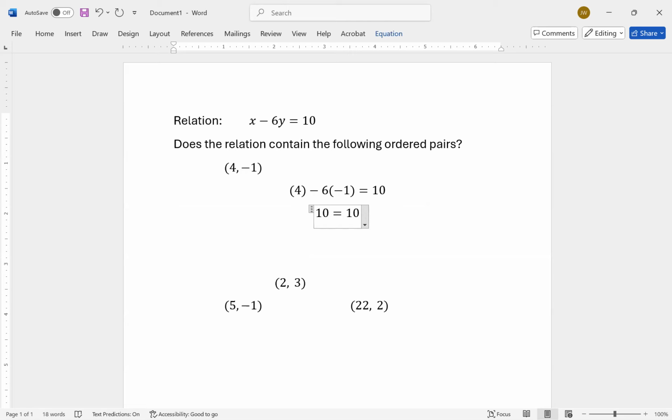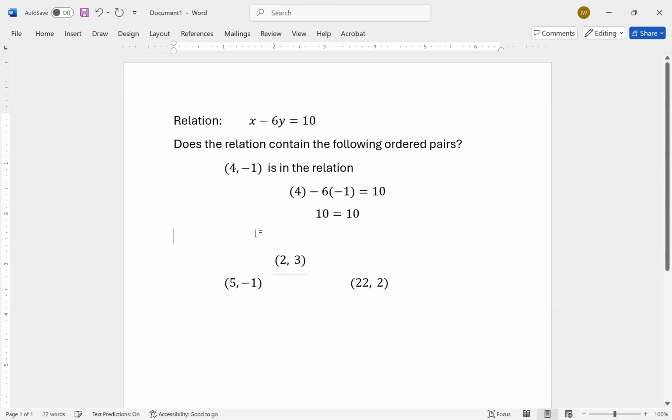The right-hand side is obviously 10. So this means (4, -1) is in the relation. So that ordered pair is in the relation correspondence.